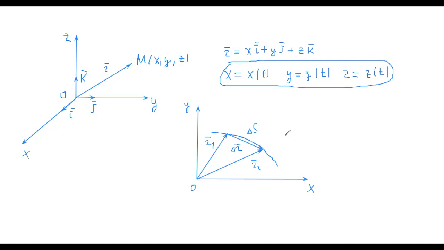According to this picture, we can say that delta r is equal to r2 minus r1, and it also can be written like this: r in moment t plus delta t minus r in moment t.